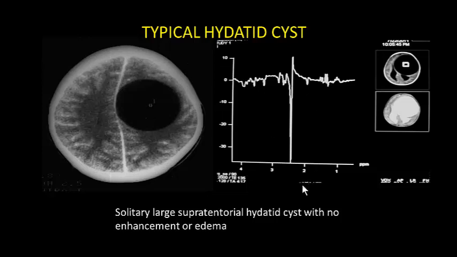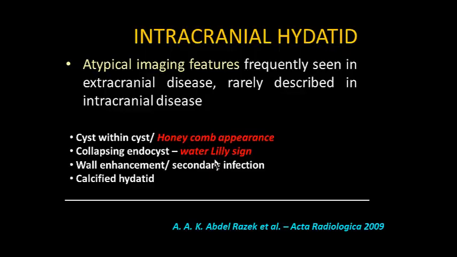On spectroscopy, you typically see a succinate peak. As with other extracranial hydatidosis, there can be an atypical picture in the brain: one can see a honeycomb appearance, a water lily sign, and wall enhancement or calcification can also be seen in hydatid cyst.